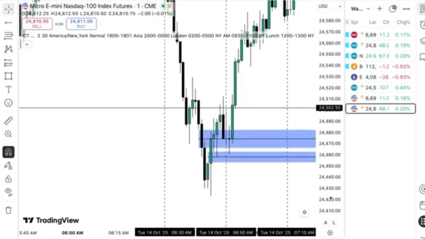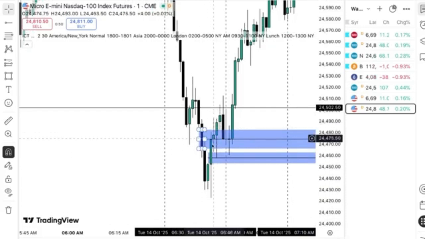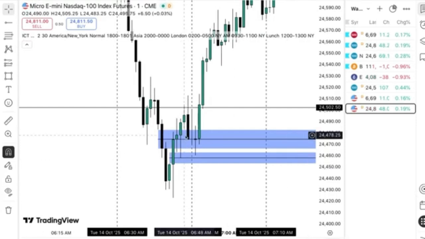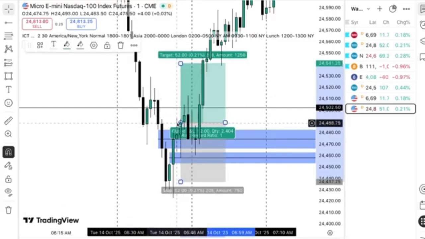I wanted to see price disrespect that fair value gap, which it did on this candle right here, as you can see. As well, this candle also came down into this small fair value gap down here to the middle of it. So I actually ended up taking this trade, and I went long right here.